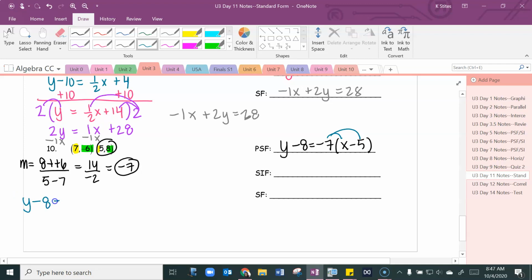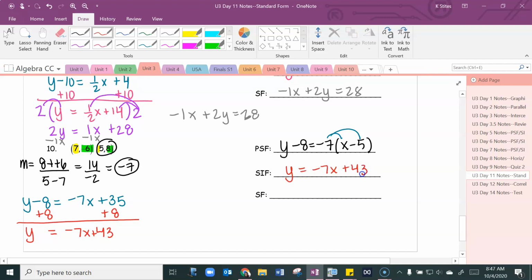I've got y minus 8 equals, when I distribute, I'm going to be really careful with my signs because negative 7 times negative 5 is a positive 35. And then finally, I'm going to add 8 to both sides because I want to get y by itself. 35 plus 8 is 43. Okay, and there is my slope-intercept form.